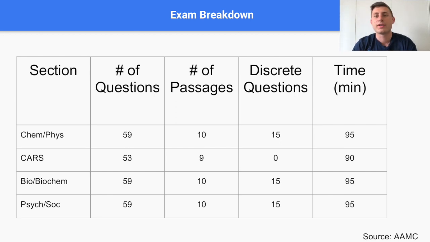Obviously, because CARS is the critical reading section, you have to have a passage for all of your questions. So the CARS section is 90 minutes, which means it works out to about 10 minutes per passage. And again, we will be going over the timing strategy for CARS, which is a little bit different from the science sections, later on in the specific modules that relate to each of the MCAT sections.